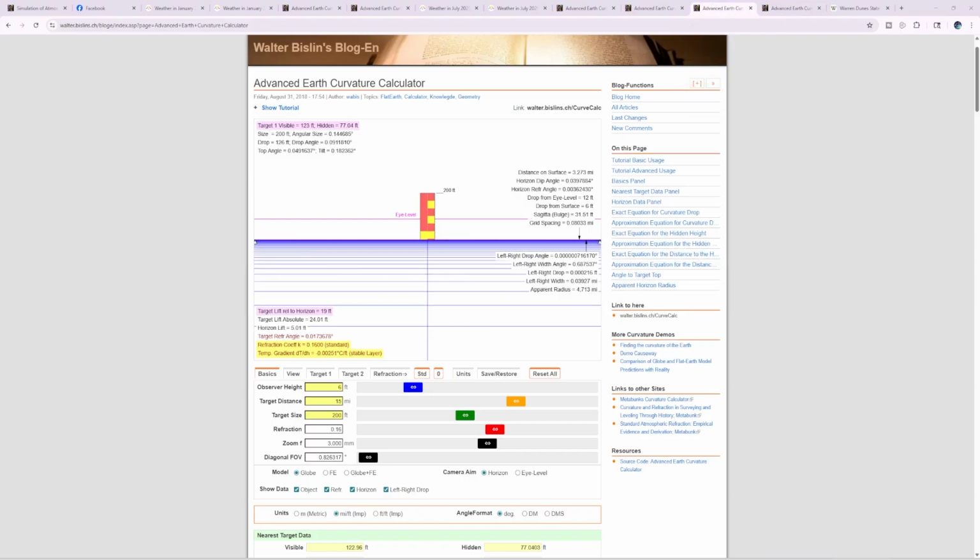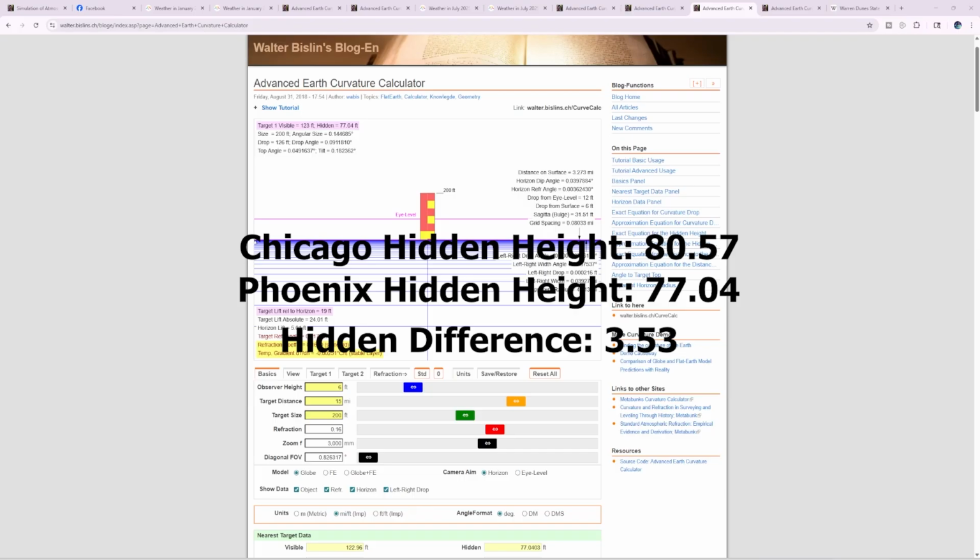So the next time you hear about somebody complaining about standard refraction or using a standardized refraction, just remember, real professionals use it. Surveyors, engineers, bridge builders, highway planners, anyone who needs precision. Or you can listen to the guy on TikTok who's confidently wrong and refuses to do the math. But at 15 miles between Chicago and Phoenix, it is a 3.5 foot hidden difference.